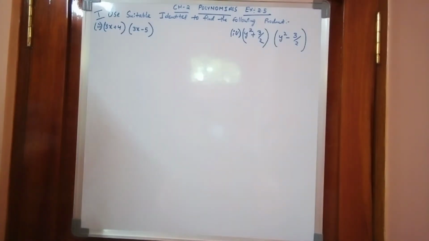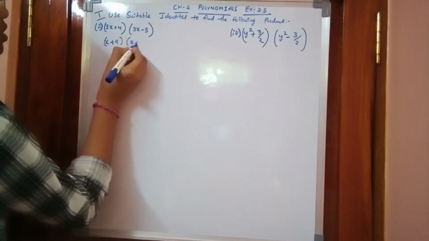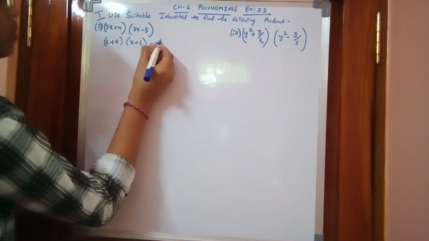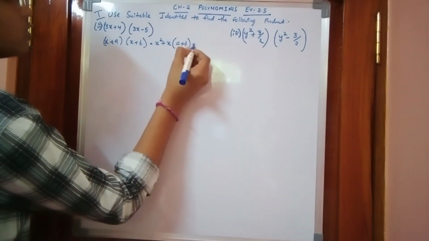Now coming to the third one, (3x plus 4)(3x minus 5). Same as before, (x plus a)(x plus b) is equal to x square plus x of (a plus b) plus ab.